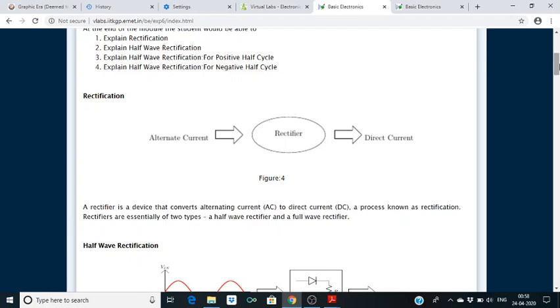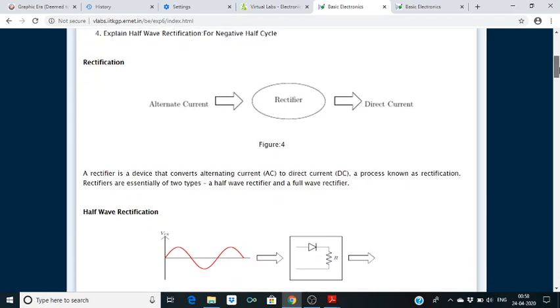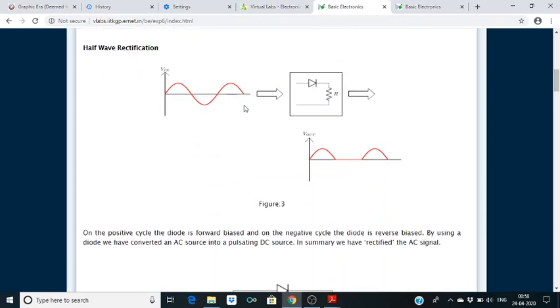Half wave rectifier converts AC voltage into pulsating DC voltage using only one half of the applied AC voltage. As we can see here, this diode will conduct only for the positive half cycle of the input voltage, while for the negative cycle it will remain off.